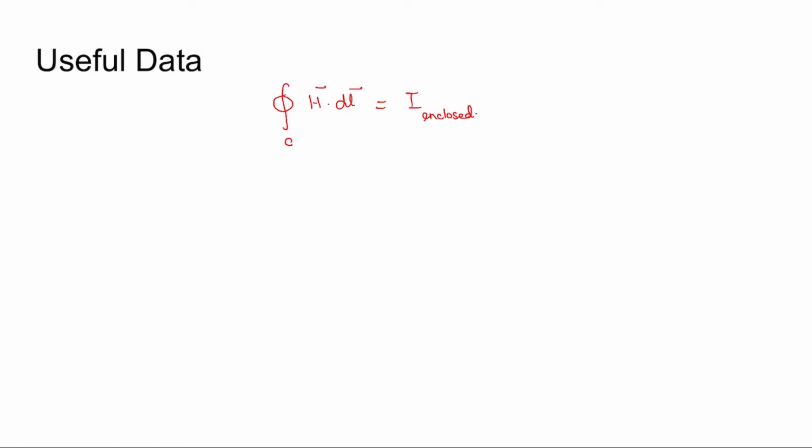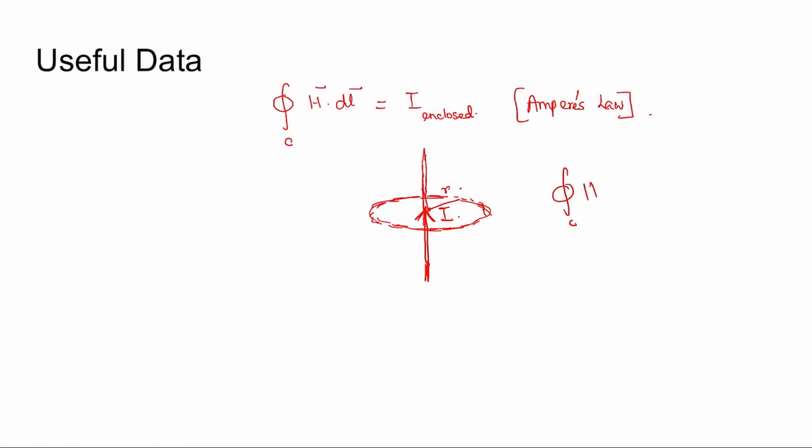That means if this is Ampere's law, so if we have a current carrying conductor carrying a current, let's say I, enclosure, let's say this enclosure, current carrying conductor, if this radius of circular enclosure is r, closed loop integral, that is the enclosure enclosing the current carrying conductor, that is closed loop integral of H dot dl, where H at that location over this enclosure equal to I enclosed.